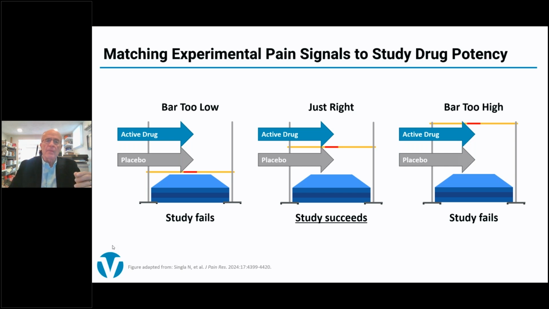If the active drug and the placebo both exceed the analgesia, or I should say the pain intensity, they'll both fail. It's a failed study because they're going to be unable to be separated. The same is true if the study design allows for too much pain, so that even a potent analgesic will not separate from a placebo because it won't demonstrate enough efficacy.